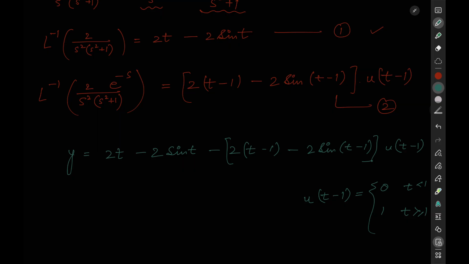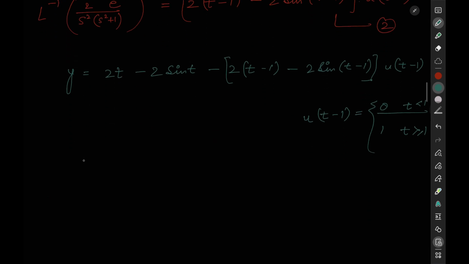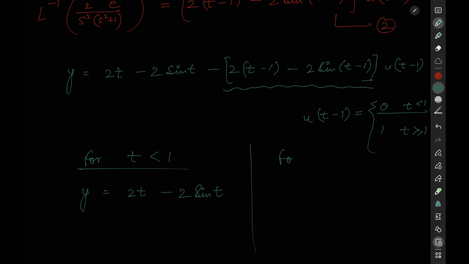So for the first part, we can write y as: for t less than 1, y will be 2t minus 2 sine t, and the remaining term will become 0 because u of t minus 1 is 0.